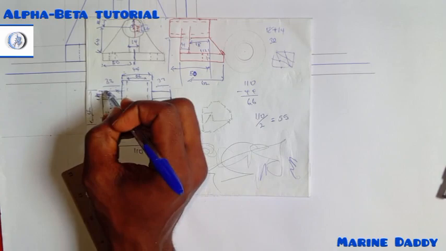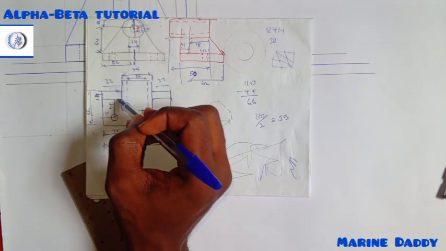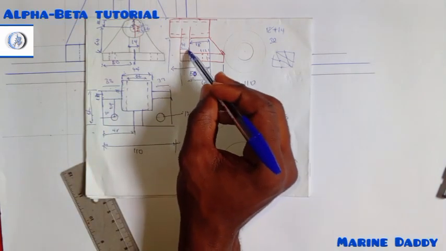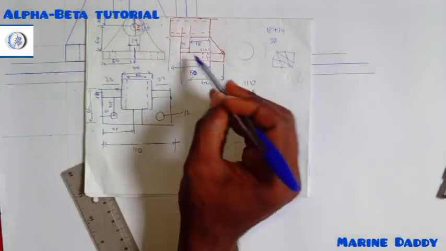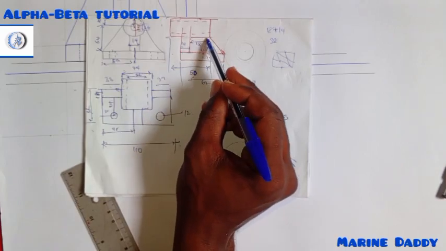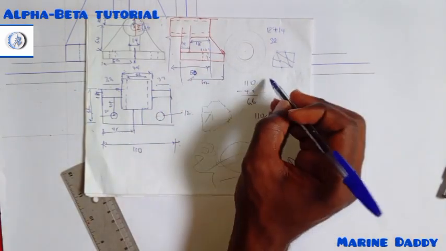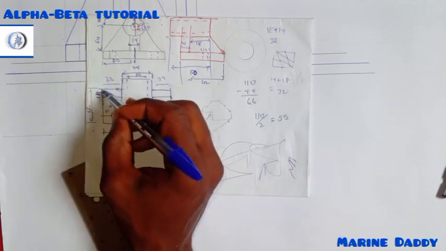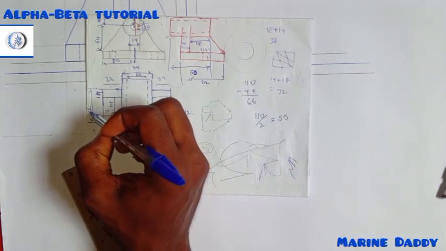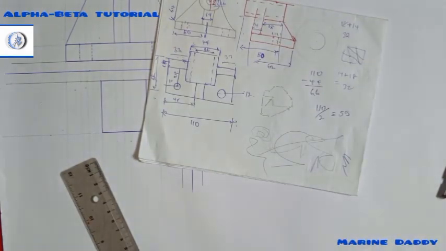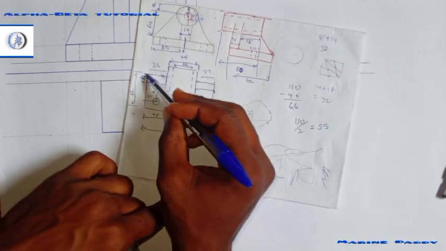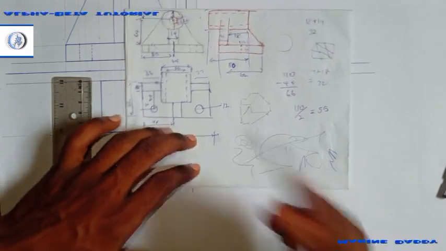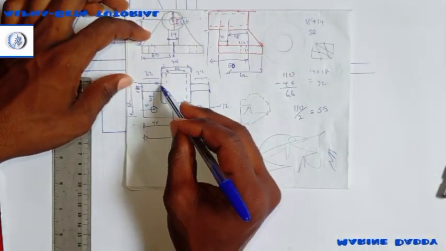And we don't really know, but we know that from here to here is 14 from the side view. From here to here of the diagram, they said it's 18. 14 plus 18 is equal to what? 32. That means that from here to here is this 32 you're seeing here.